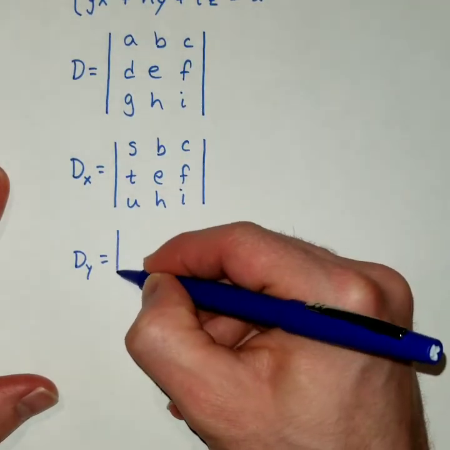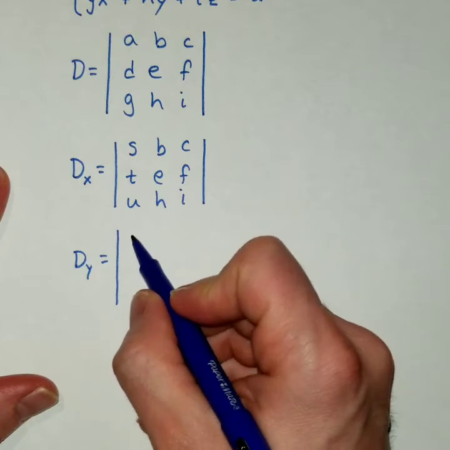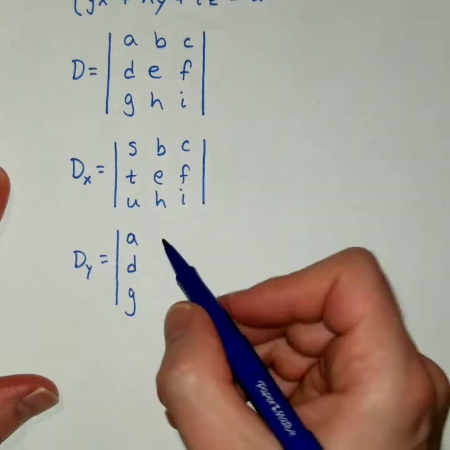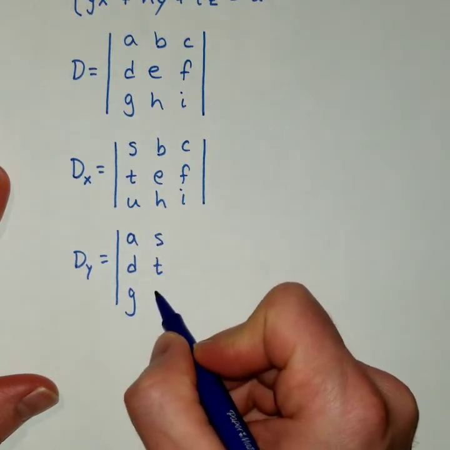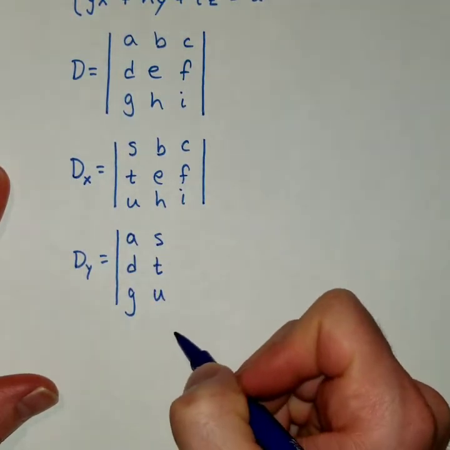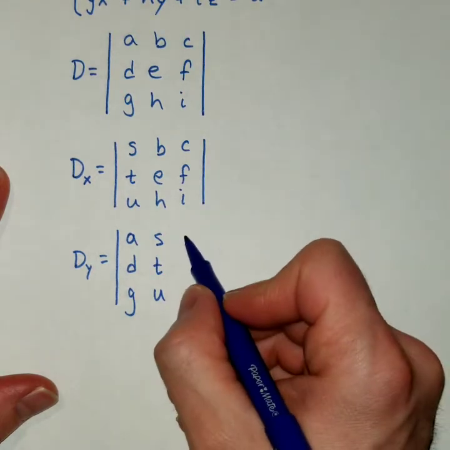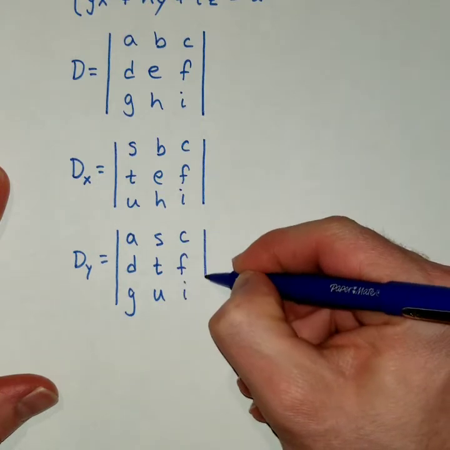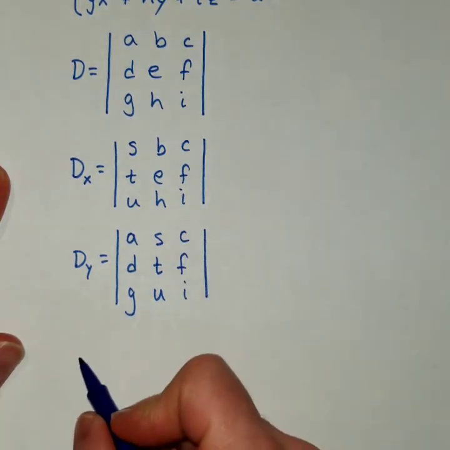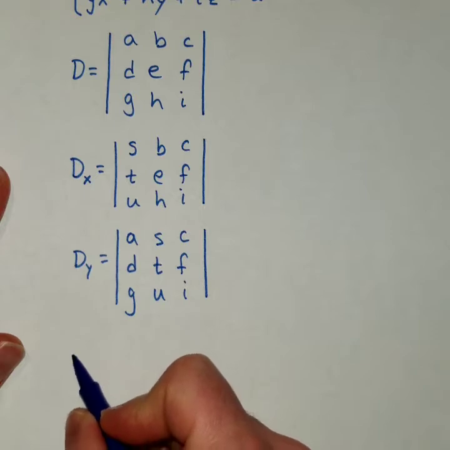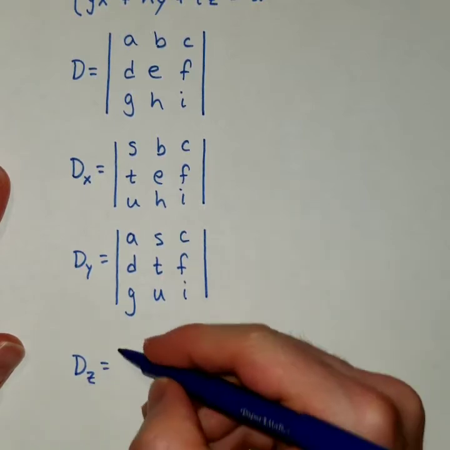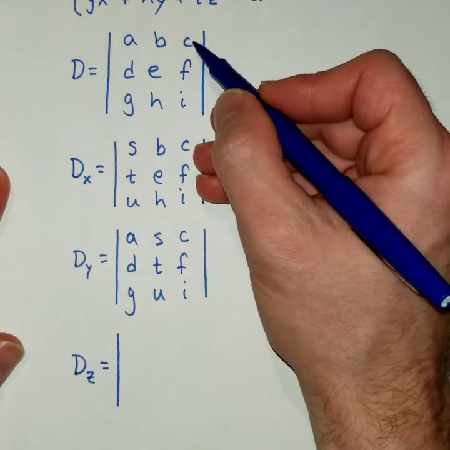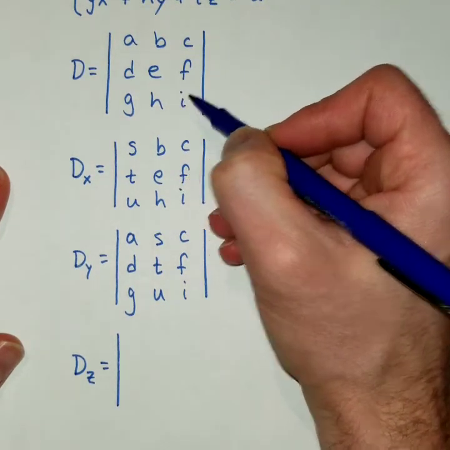So we're going to be going down, it's going to be A, D, G, and then the constants S, T, U, and then the coefficients C, F, I. And then finally, D sub Z is going to be just like the original matrix, except with the Z column replaced with the constants.